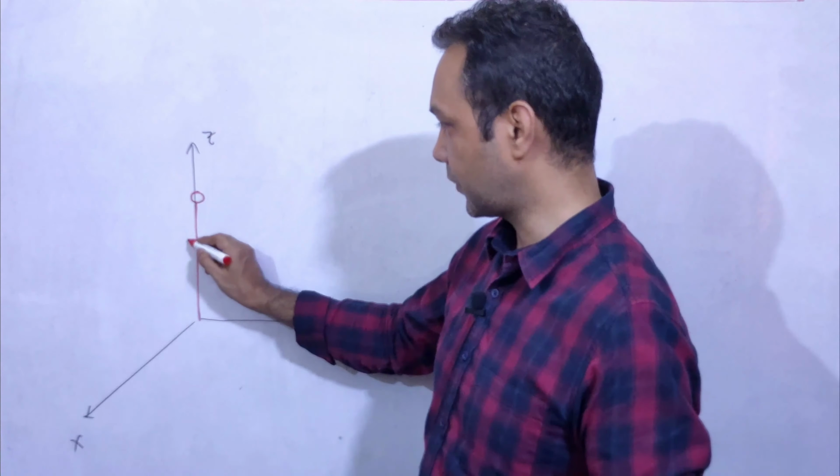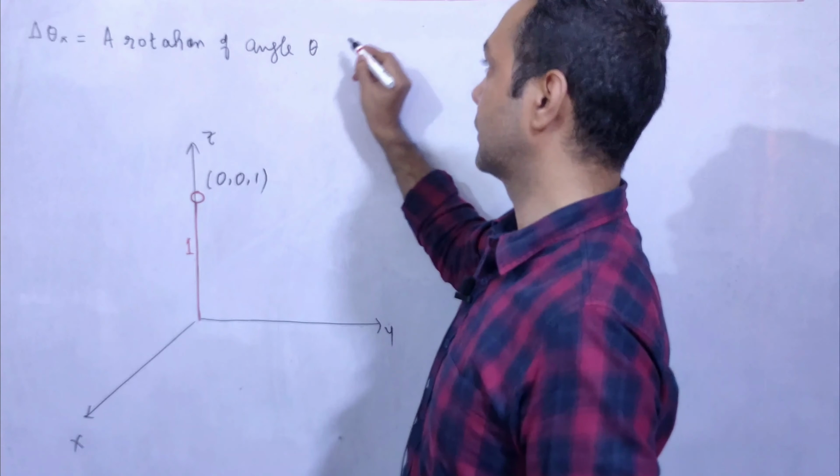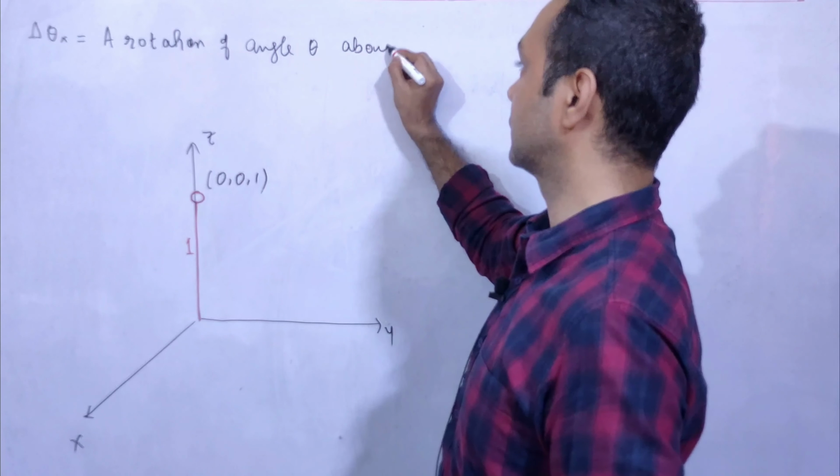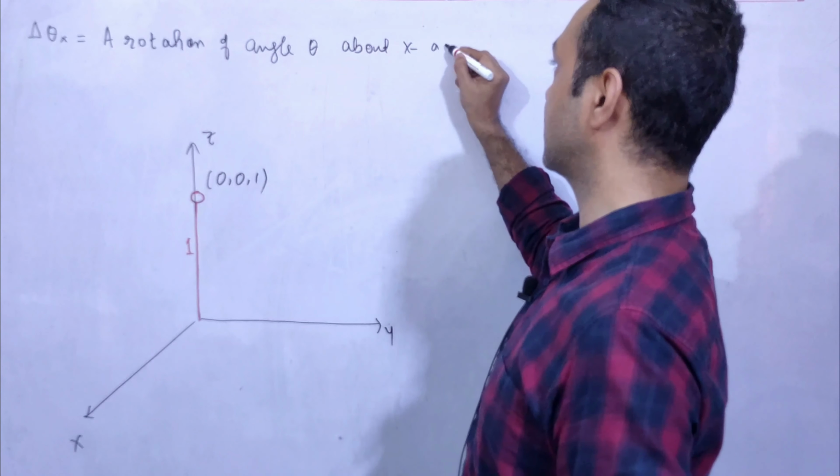So I will give this body two rotations. One is a rotation of delta theta x, a rotation of angle theta about x-axis and in this sense.